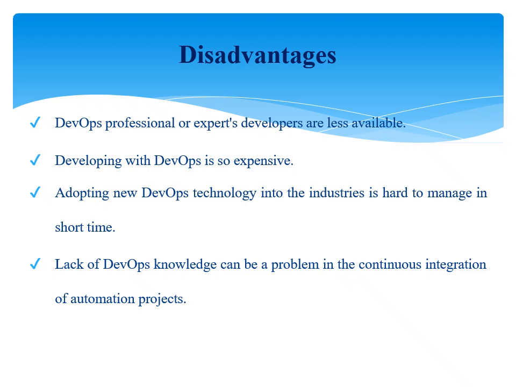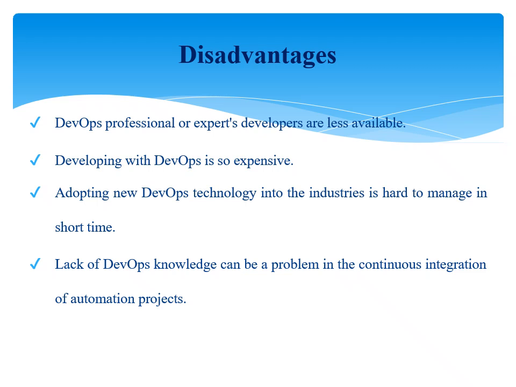So at present, not all DevOps engineers have all this experience which we have mentioned. That is one of the disadvantages here. And developing with DevOps is so expensive when compared to the traditional model. Adopting new DevOps technology into the industries is hard to manage in a short time.